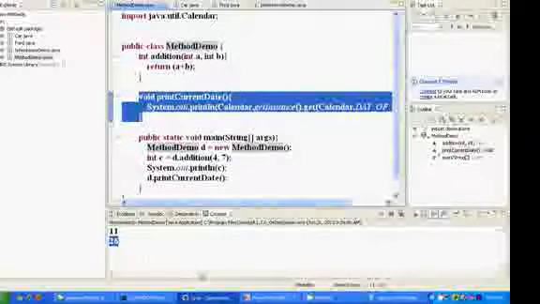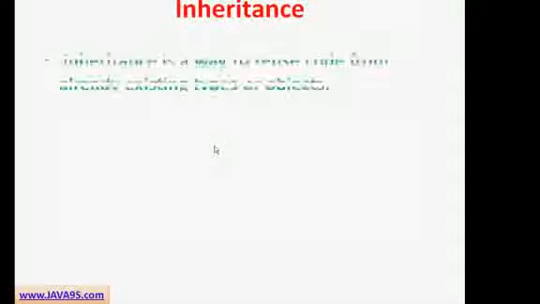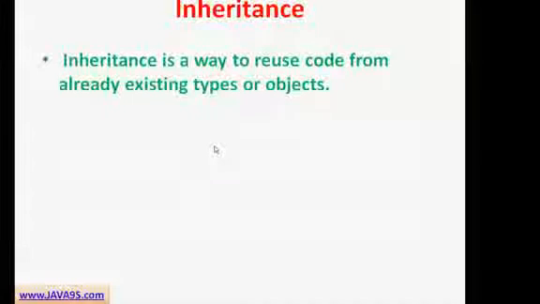That's it. Now let us see the concept of inheritance. Inheritance is a very important concept and the first principle of object oriented programming, which helps to reuse the code from already existing types or objects.